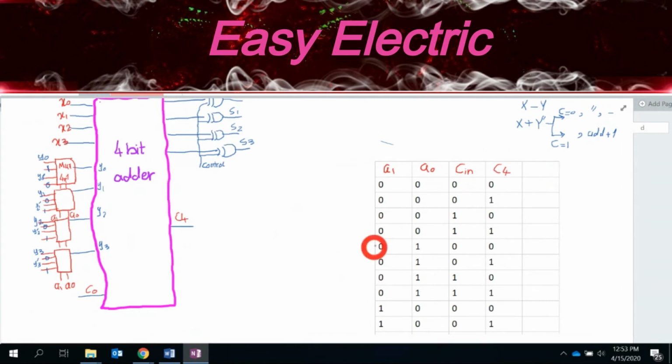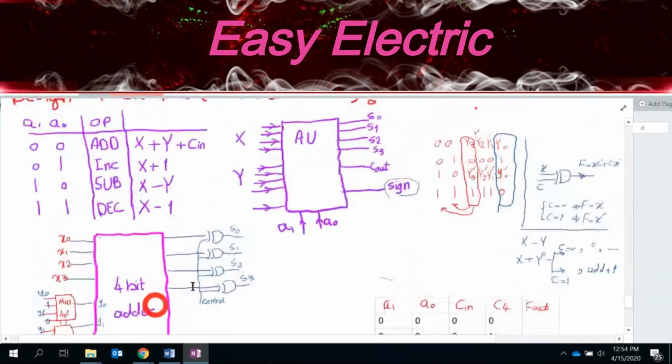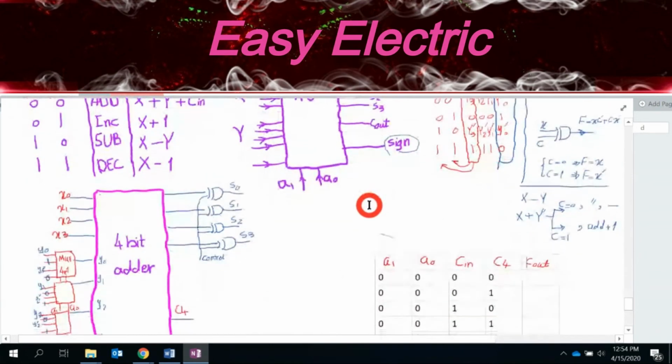I changed that label to C out, okay? So just make sure what we did. For this one, we call that C0, that's right. Then the next thing that we change is the C out, which is whatever you have for this, and the sign is the same.